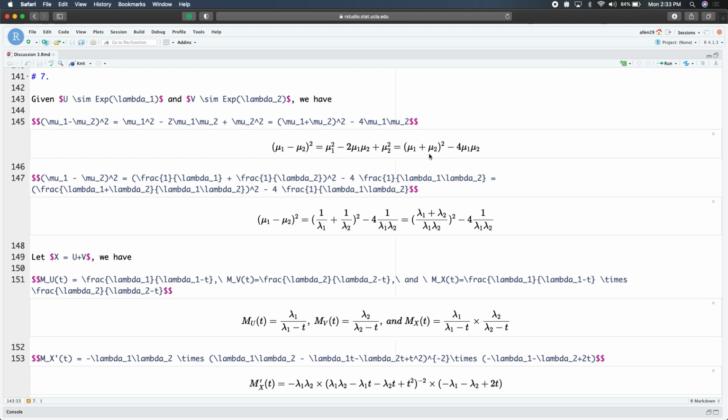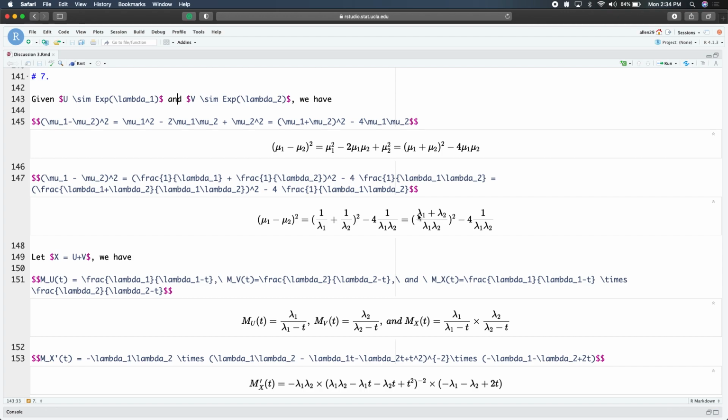Why do we take the square instead of just doing mu1 minus mu2? On this slide, I want to construct the term into this, and later I will solve for lambda 1 plus lambda 2 and lambda 1 multiplied by lambda 2, two components. The idea is to ease my computation by taking the square. But if you are able to directly calculate the value of mu1 minus mu2, you can also do so.